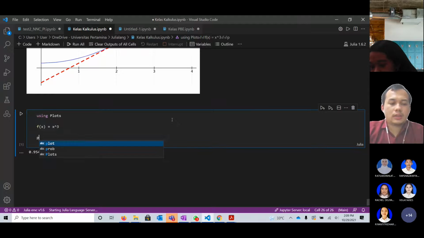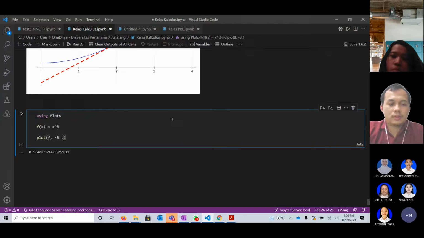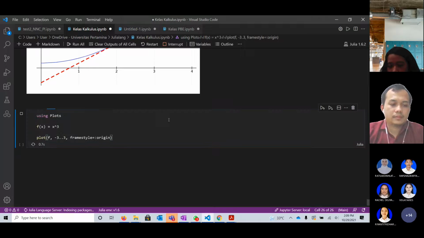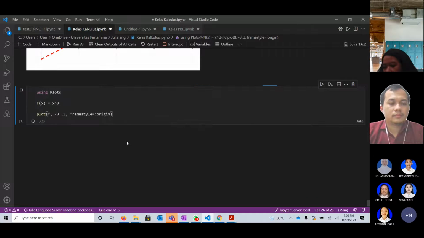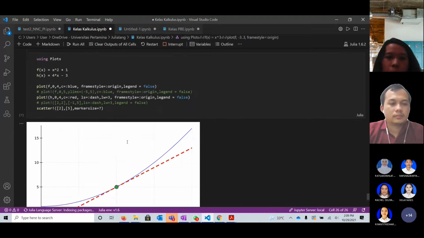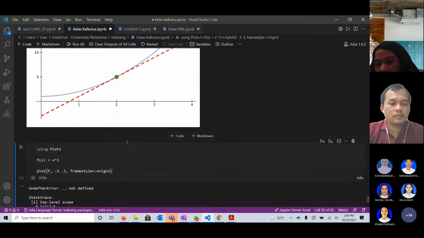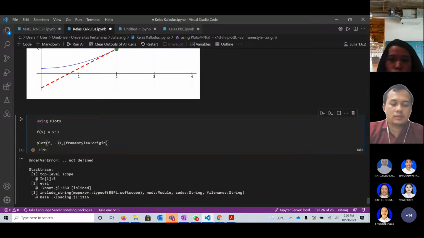In this case, we try to plot f(x) from minus 3 to 3.